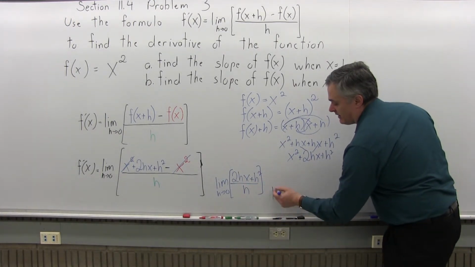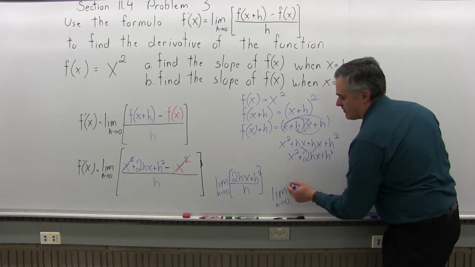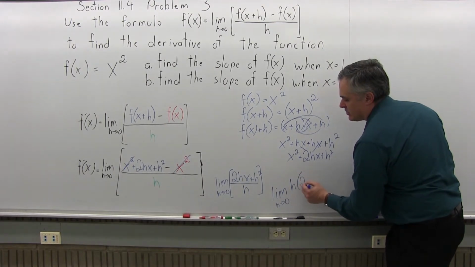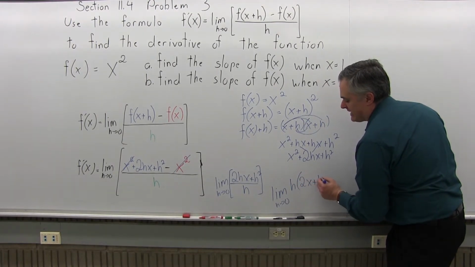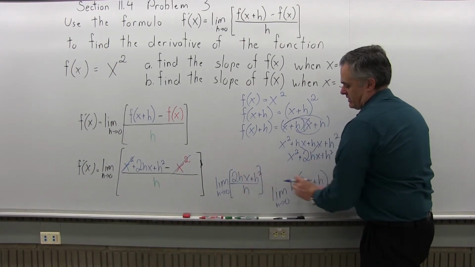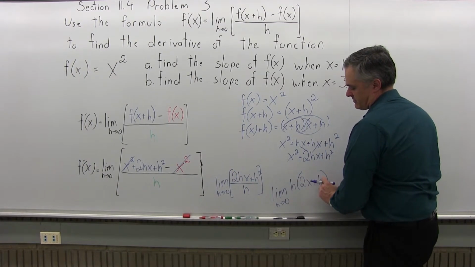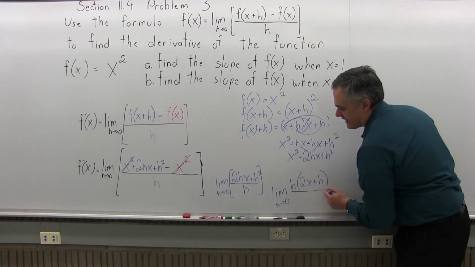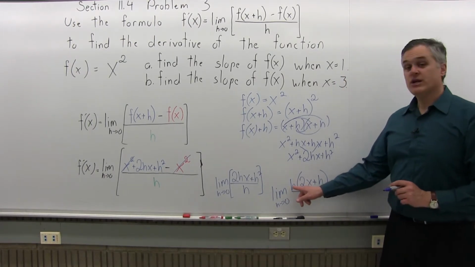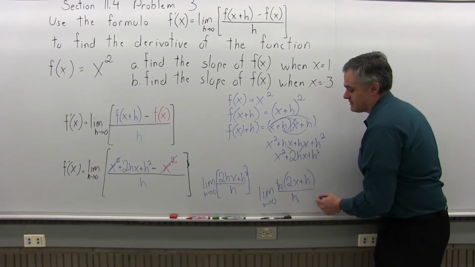So I will factor out that h. So I want to take the limit as h approaches 0 of h times 2x plus h to the first. So the 2hx, when I take out an h, becomes 2x, and the h to the second power, when I take an h out in front, becomes h to the first power. And I still have the h in the denominator. And now h in the numerator that I factored out and h in the denominator can cancel.